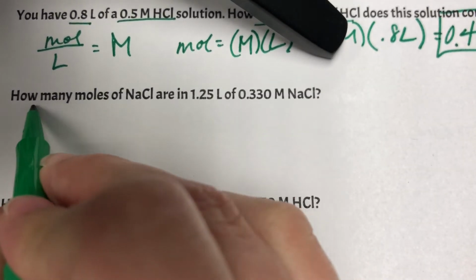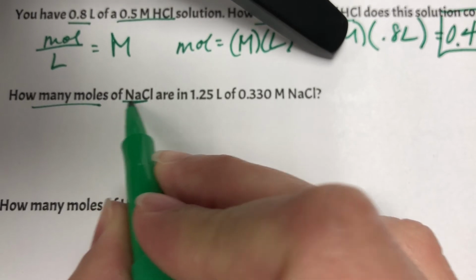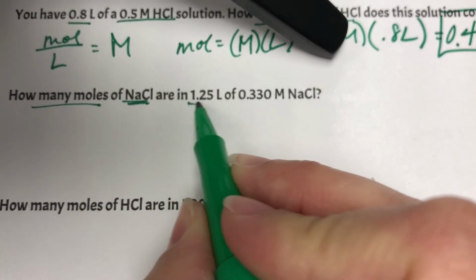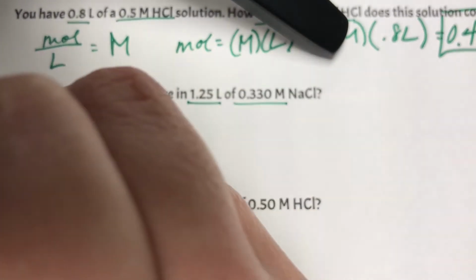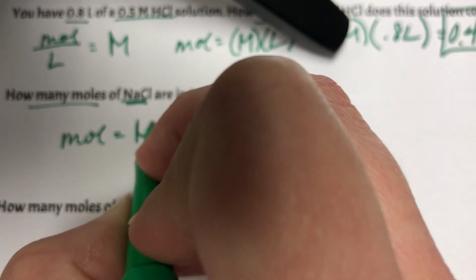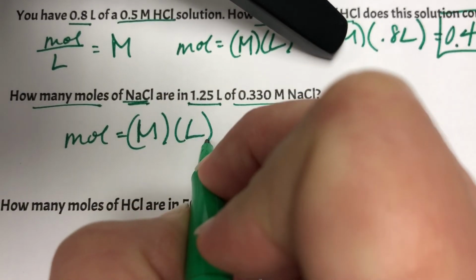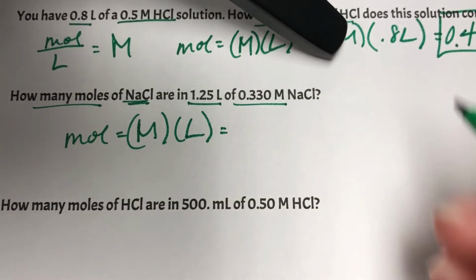So again, finding how many moles, this time of NaCl, in 1 1/4 liters of 0.330 molar. Okay, so my number of moles is going to equal my molarity times the volume in liters.